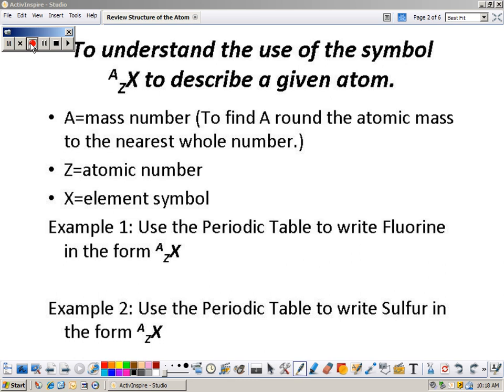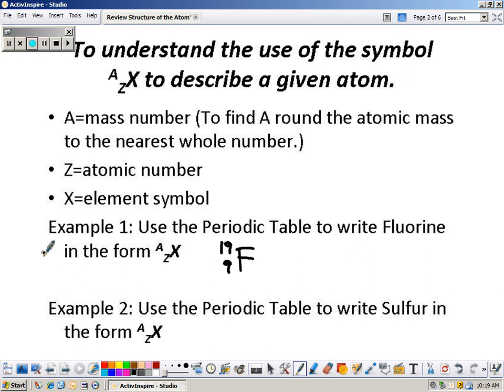F. Okay, you got the X done. What is the atomic number of fluorine? 9. So that's the Z part. You put the 9 there on the bottom. What's the A part? When you round it, it's 19. That's the mass number.